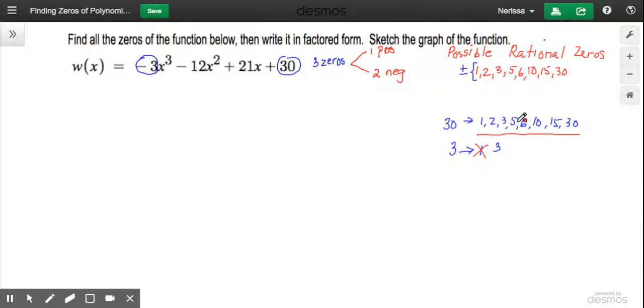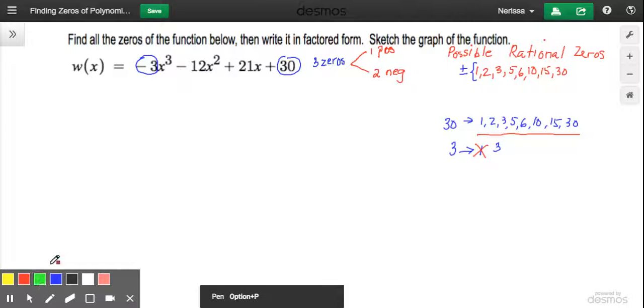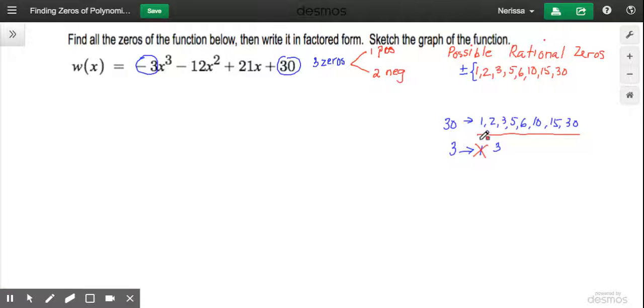We now will divide these factors by 3. And so we'll have here 1 divided by 3. Well, that's going to give us 1/3. And then 2 divided by 3. That's going to give us 2/3.